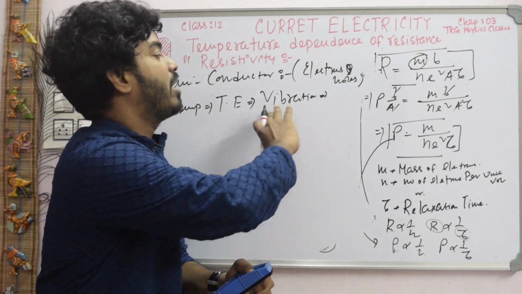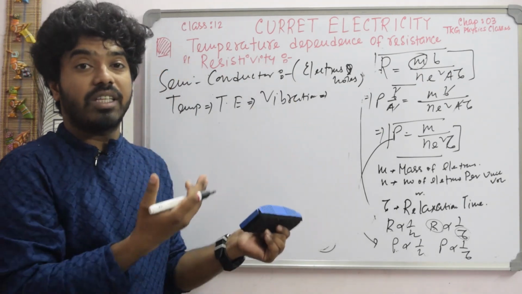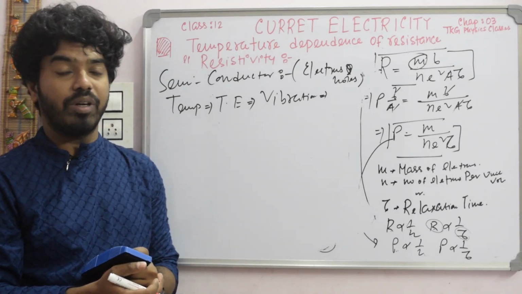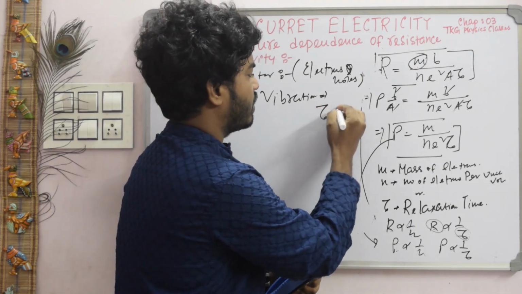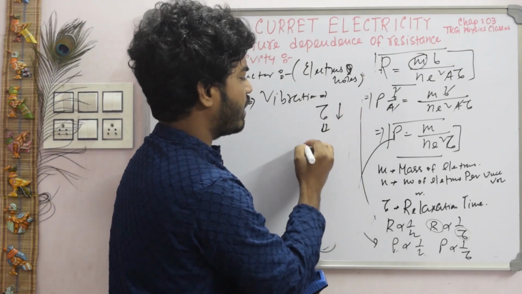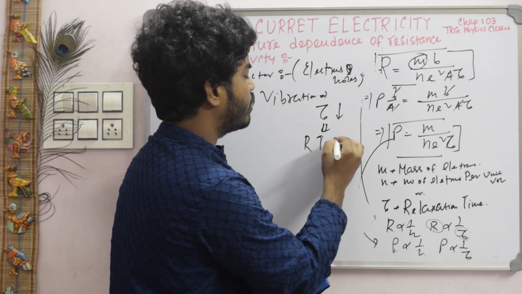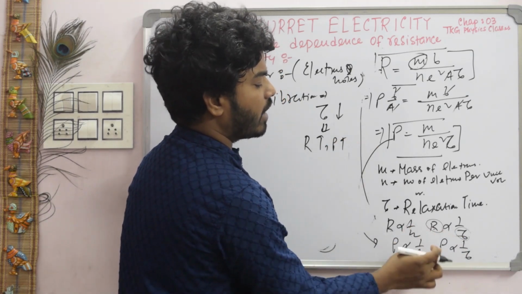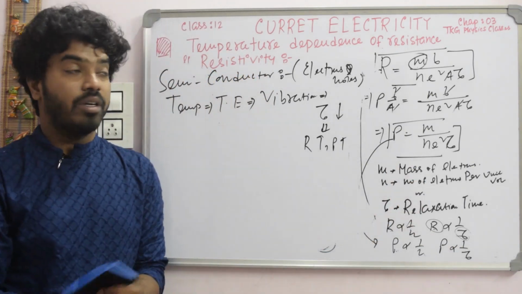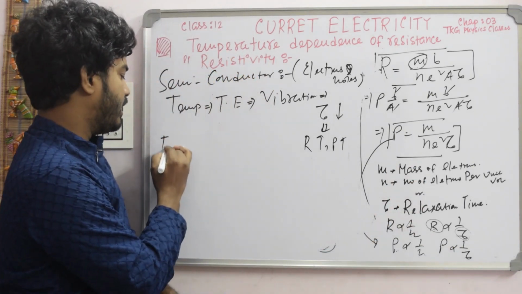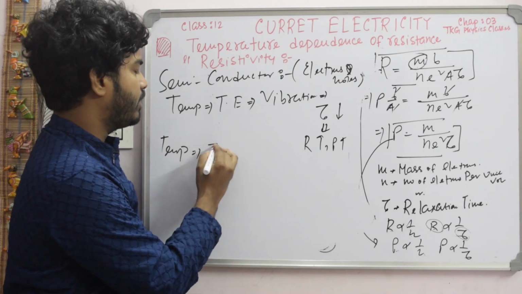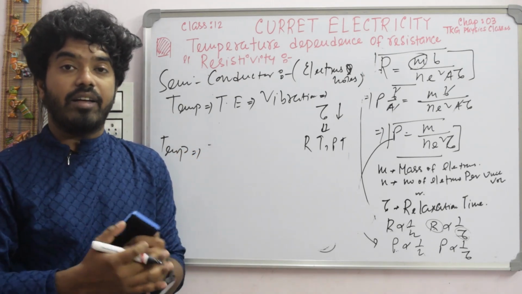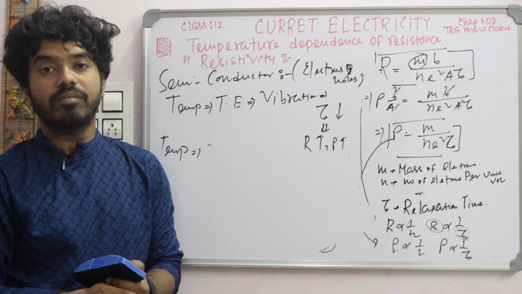So here when vibration increases, the charge carriers, that is electrons and holes, collide more frequently, so tau decreases, and when tau decreases, this implies R and rho increase according to this formula. Similarly, when temperature increases, the charge carriers get the ionization energy and they overcome the barrier.